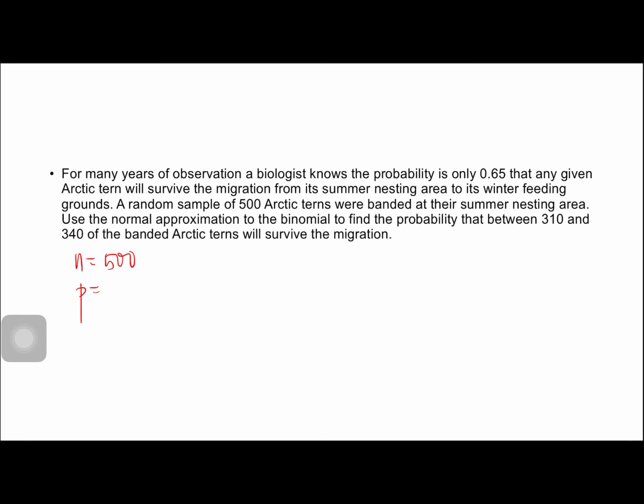Okay? So here, we are given our n is 500. Our p is 0.65. So, we can compute for our mu. Our mu is np, that is 500 times 0.65, so that is 325.